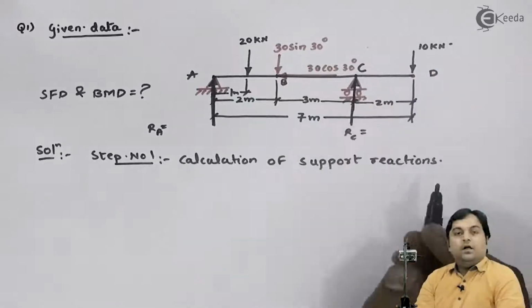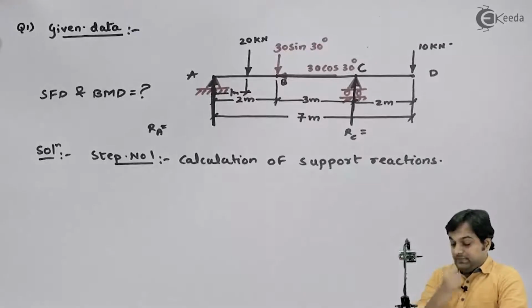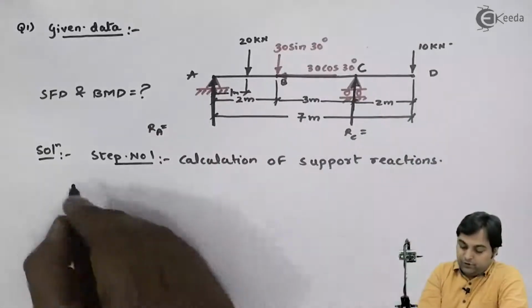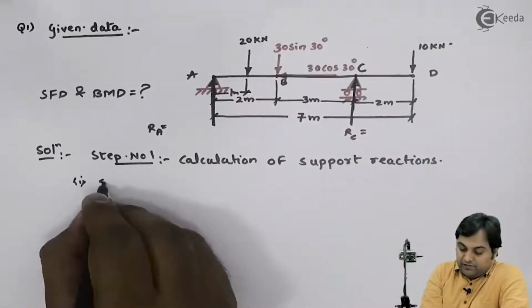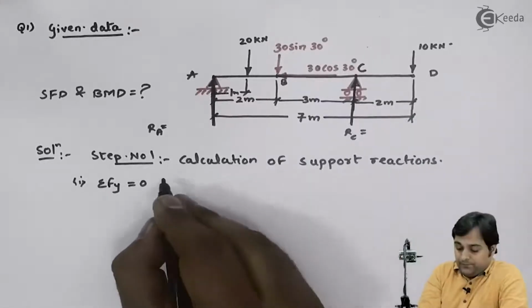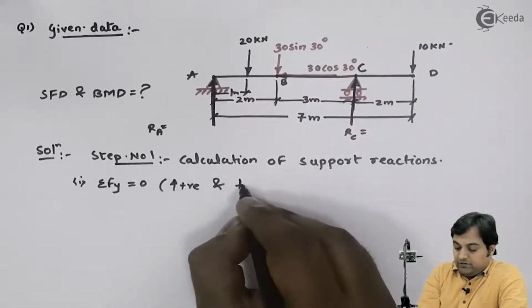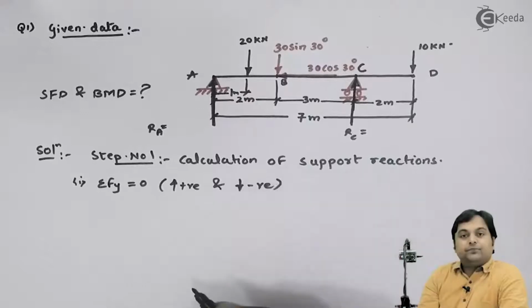So in the calculation of support reaction, I will say let the beam be in equilibrium. So I have the first condition of equilibrium, that is summation of all vertical forces is equal to 0, where upward forces are positive and downward forces negative.